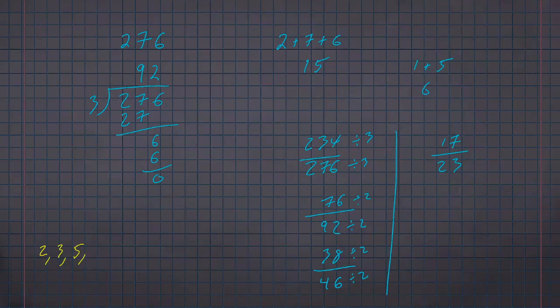You don't need to worry about 6, because if a number is not divisible by 2 or 3, it also won't be divisible by 6. You have to worry about 7. You don't have to worry about 8, because if a number is not divisible by 2, it won't be divisible by 8. If it's not divisible by 3, it won't be divisible by 9. If it's not divisible by 2, it won't be divisible by 10.